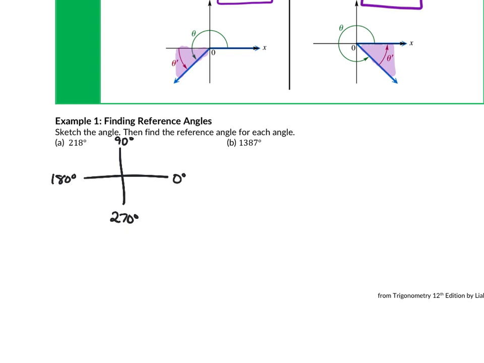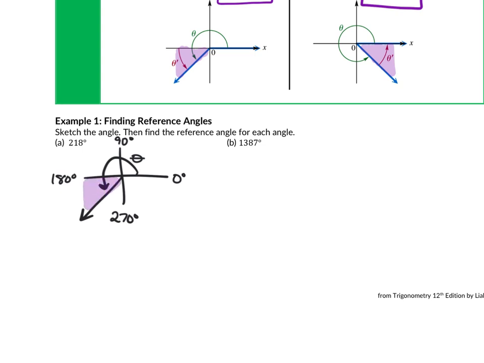Which quadrant does 218 belong in? The third. It doesn't have to be accurate, but give me an angle all the way around to the third quadrant. That's going to be 218 degrees. That's theta. Theta prime is going to be here.